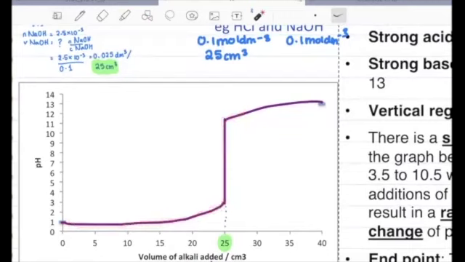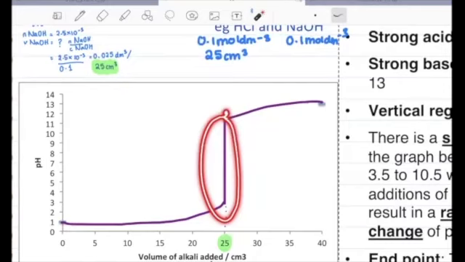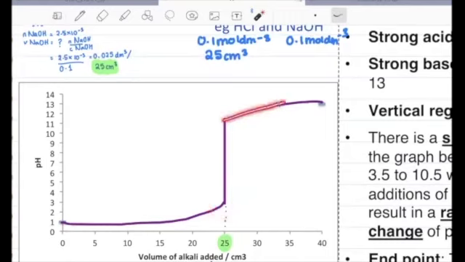All right, so this point, at this volume, is where neutralization is happening. It means that all your H plus have reacted with your OH minus at the exact amount, no more, no less. And then as you go along, this is just excess hydroxide. That's why your pH value is reading above 10, above 11, between pH 11 to pH 13.